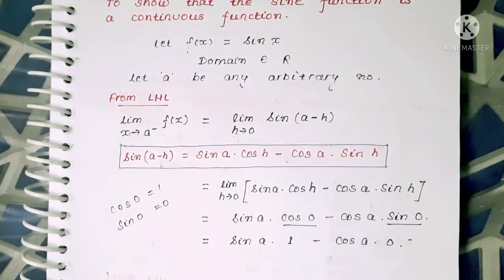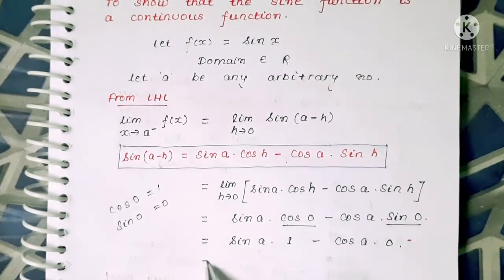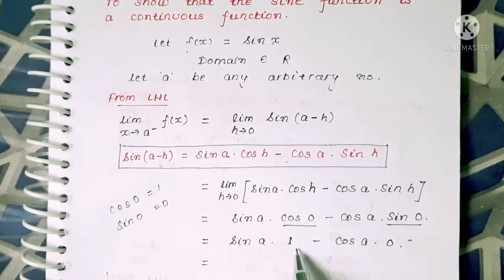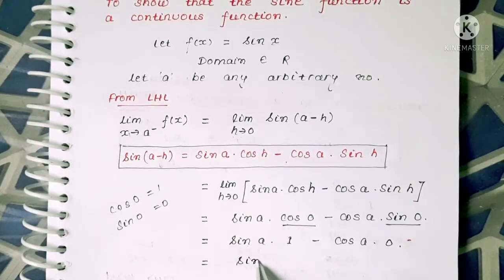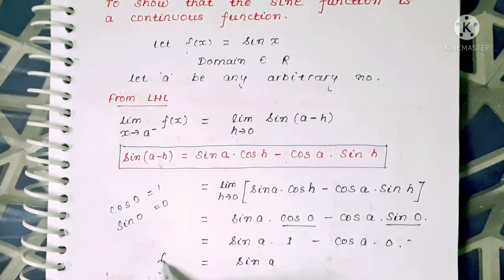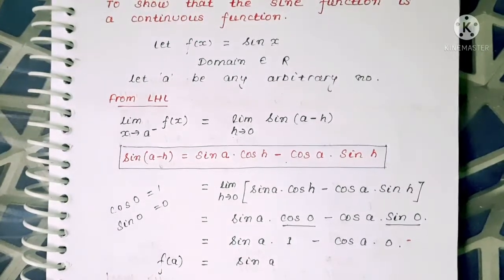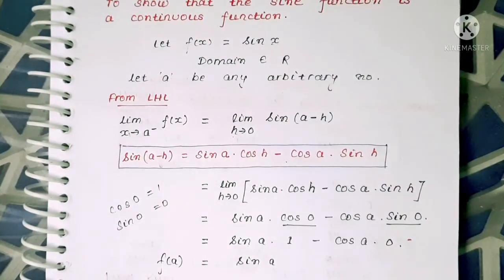Now sin a into 1 is sin a and cos a into 0 is 0. So the answer is sin a. So we got the value of f(a) equal to sin a from the left hand limit. Now we will solve for the right hand limit.